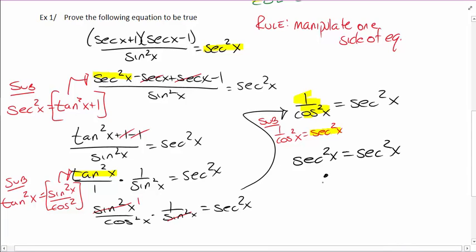I'm going to finish with dot dot dot QED dot dot dot, meaning therefore quod erat demonstratum, meaning I've proven what I was supposed to prove. This equation that I was given is indeed true, and I've shown that algebraically. The left and the right sides were indeed identical, even though they didn't look it initially.